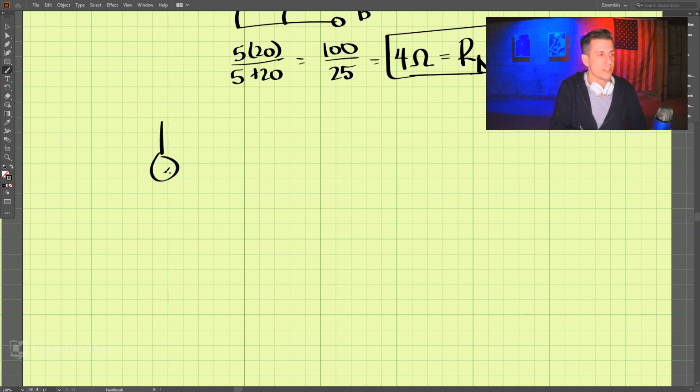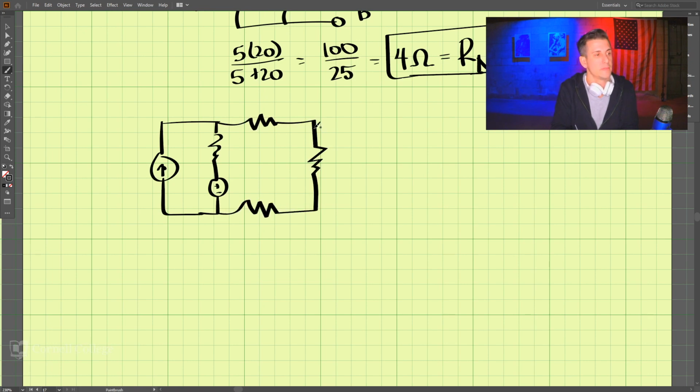So let's redraw the circuit. We turn the sources back on. We have a voltage source there, a resistor, and a resistor, and we have A and B. This is 8 ohms, this is 5 ohms, this resistor is 8 ohms, and this resistor is 4 ohms.